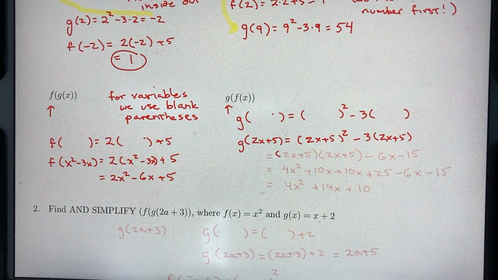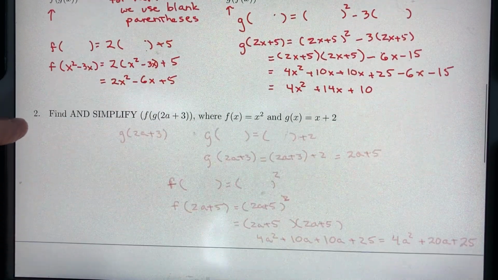Again, foil properly. Okay, let's distribute this one now that we've written it down twice. Don't forget the rest of it after you foiled. Okay, what's the grand total? 4x squared. 10x and 10x is 20x minus 6x is 14x. And then 25 minus 15 is 10.